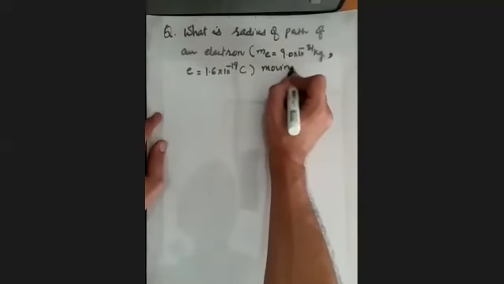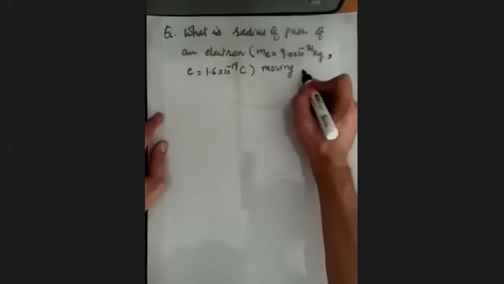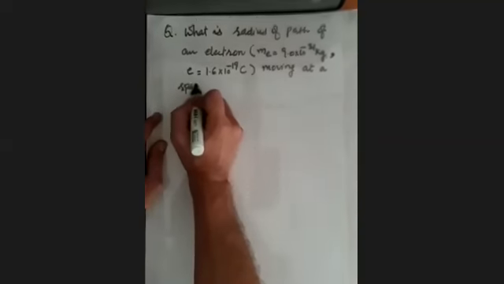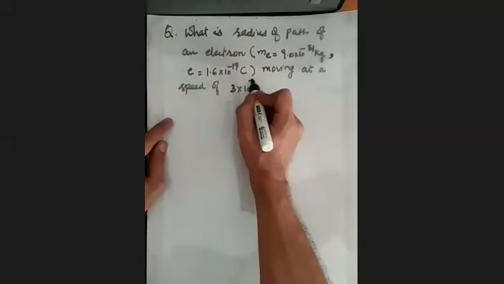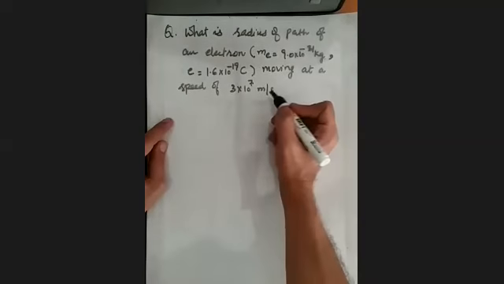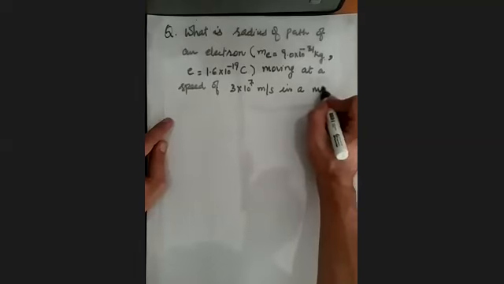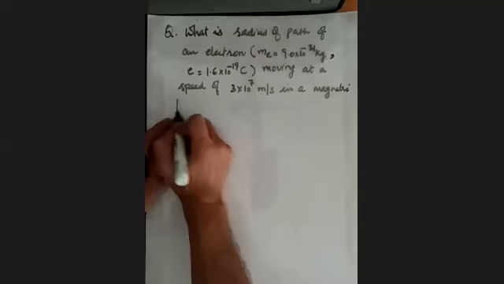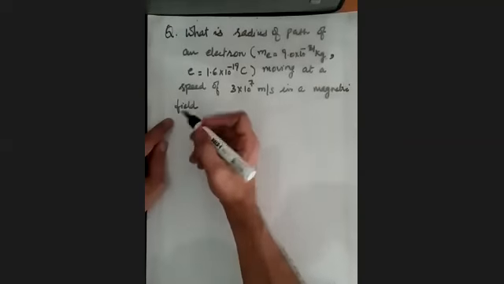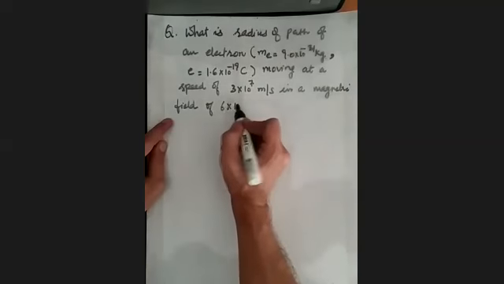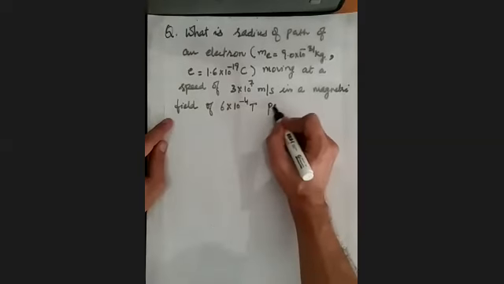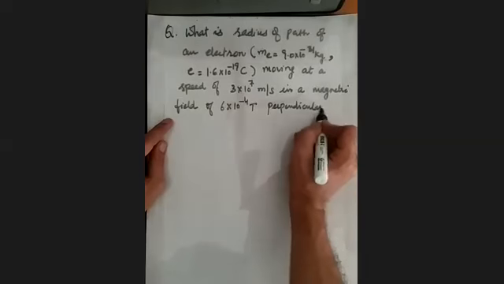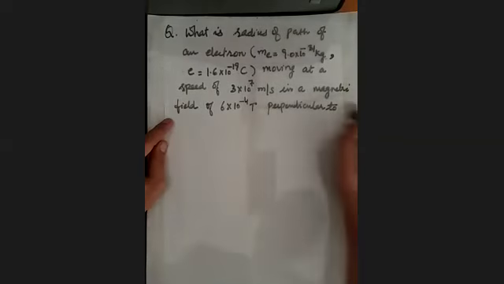The electron is moving at a speed of 3 × 10^7 meter per second in a magnetic field of 6 × 10^-4 Tesla, perpendicular to it.